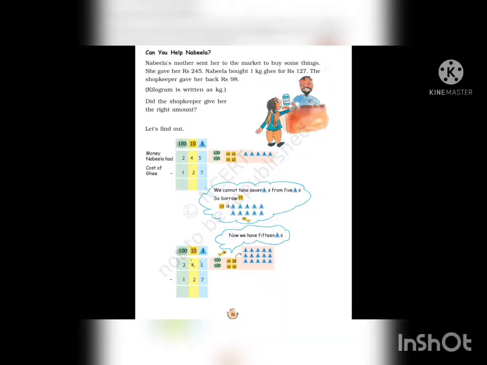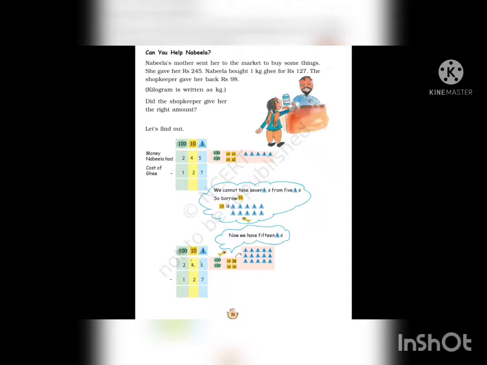Can you help Nabili? Nabili's mother sent her to the market to buy some things. She gave her rupees 245. Nabili bought 1 kg ghee for rupees 127. The shopkeeper gave her back rupees 98. Kilogram is written as kg.